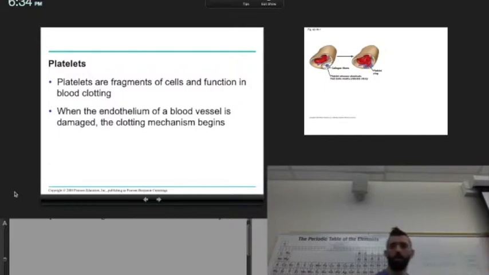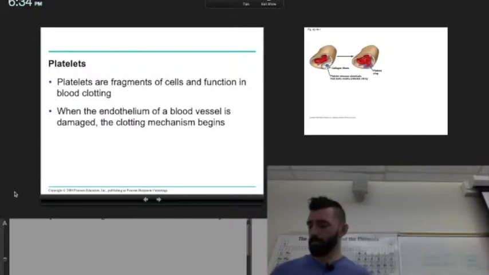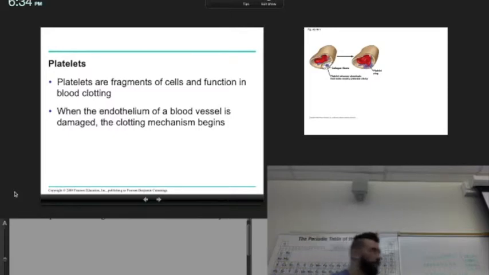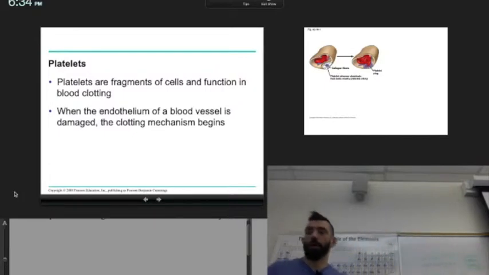So let's walk through this. Again, platelets are not full cells, they're fragments. Let's say that you're in a blood vessel. You've got these big old erythrocytes hanging out, and you also have platelets, and something happens that causes damage to the vessel.